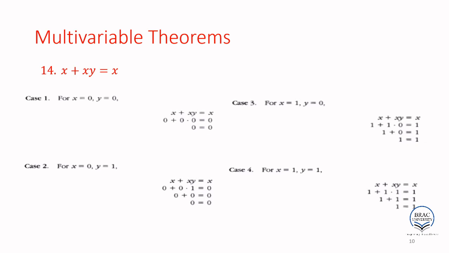Similarly, for x equals 0, y equals 1, the left hand side and right hand side are equal, which is 0. For x equals 1, y equals 0, the left hand side is 1 and the right hand side is 1. For x equals 1, y equals 1, the left hand side is 1 and the right hand side is 1. So you can see for all four cases, left and right hand side are the same. That means x plus x y can be written as x, which is correct, or this is proved.